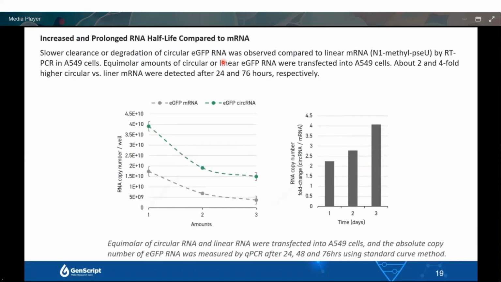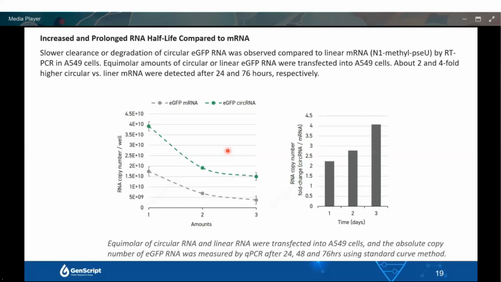And also, circular RNA shows increased and prolonged half-life compared to mRNA. We can take a look at this data. Slower clearance or degradation of circular EGFP RNA was observed compared to linear mRNA, and it's a modified version.